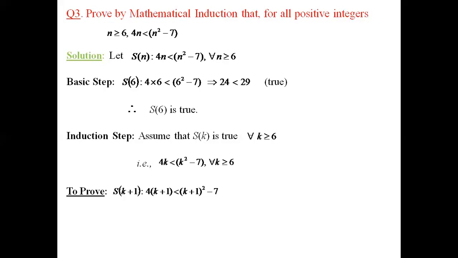So we need to prove that S of k plus 1 is true. What does this actually simplify to? 4 times k plus 1 is 4k plus 4. And the right hand side, k plus 1 the whole square minus 7, on expansion, we obtain k square plus 2k plus 1 minus 7.